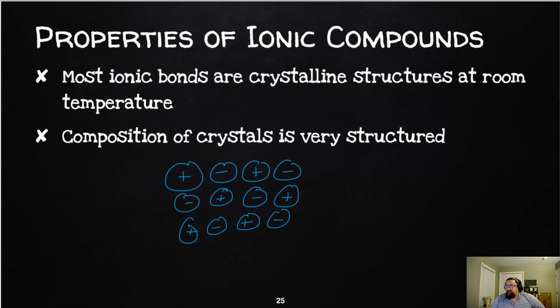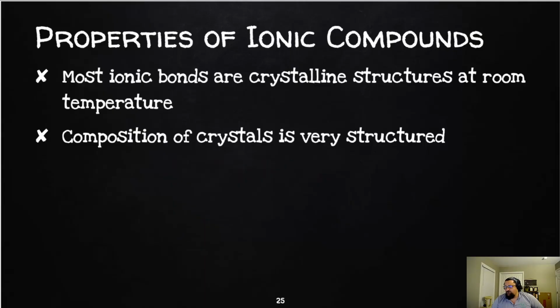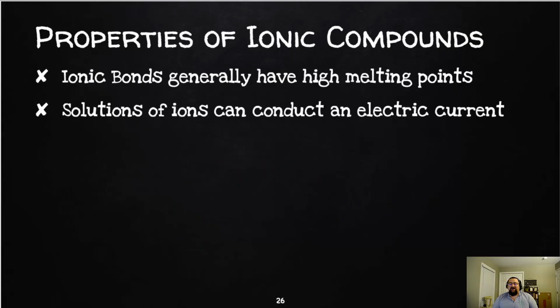All right. Some of the other properties, because of this crazy ordering, we get that these things have high melting points. They're so stuck together, guys, that the energy needed to break them apart is crazy, crazy hot. And the solutions of ions can conduct an electric current. So if you're able to put salt in water and dissolve it, then it will conduct electric current.